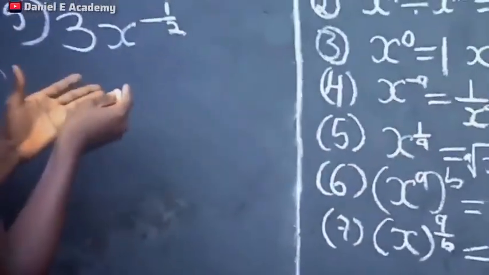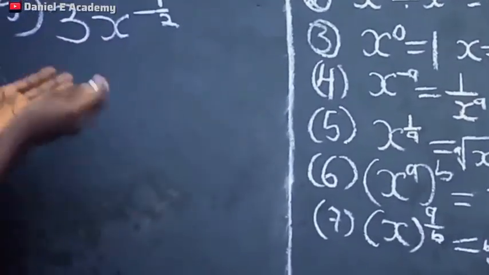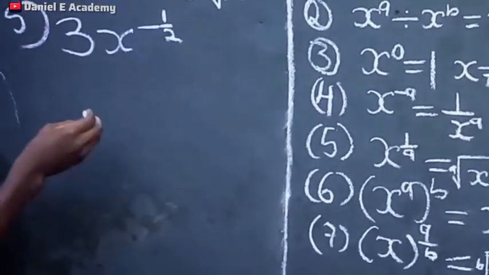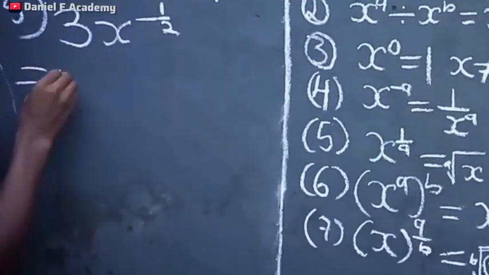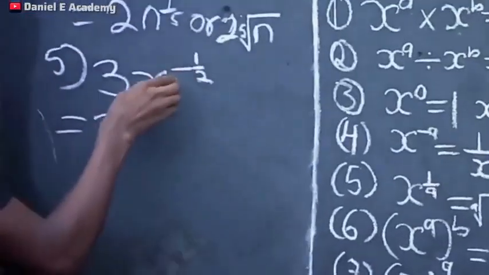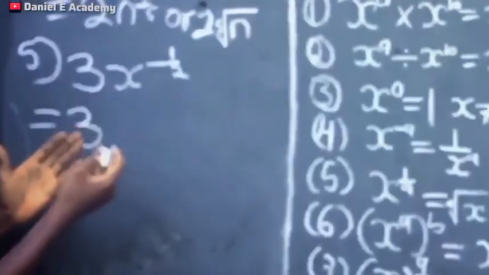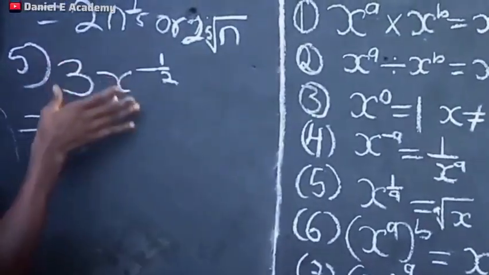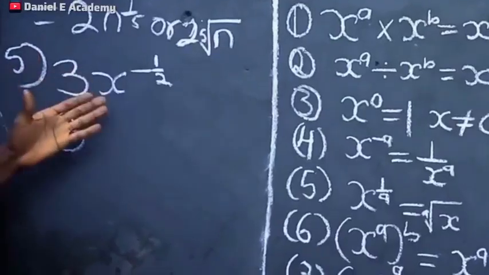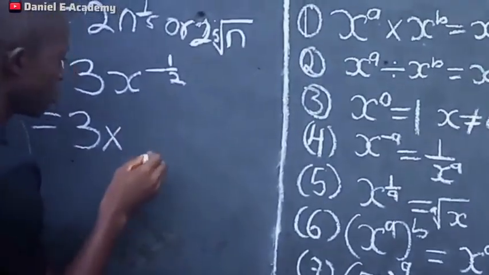Whenever the power is negative, it forms a division. So this will be equal to 3, and the negative affects just the x. Had it been in a bracket, you could present the whole question in a division form, but since it affects just the x, you present the x in a division form only.